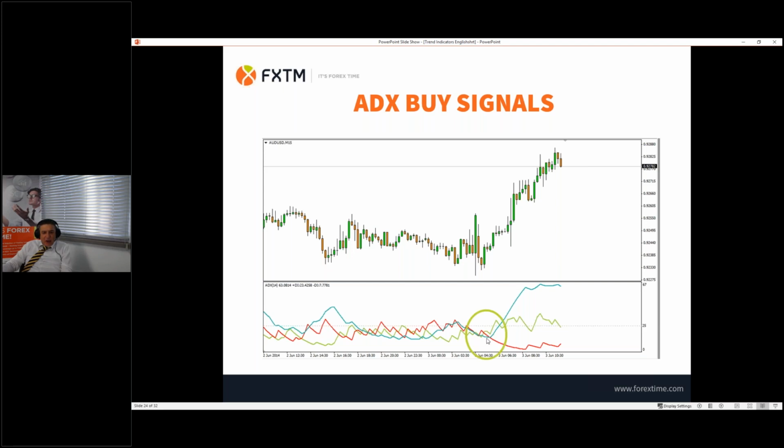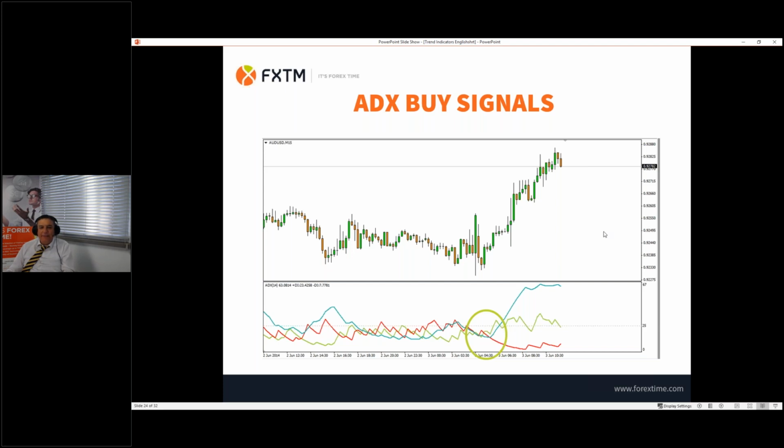Here we have a crossing between the green line and the red line. Do you see that, guys? At a closer look, please see that the green line here crosses above the red line, which is a buy signal, right? But you have to wait for the ADX, the blue line, to go above 25.